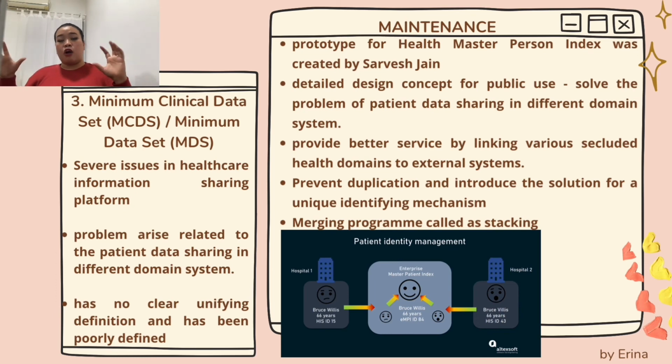Whenever this patient goes to any hospital, those hospitals can go through this system and get all of this patient's information, what medication he takes and what treatment he has been through. I think that is all from me, and thank you.